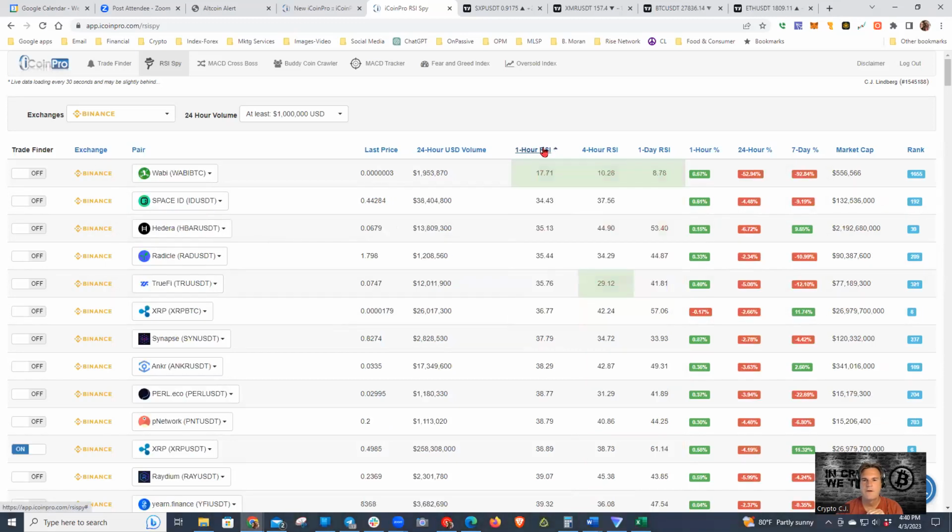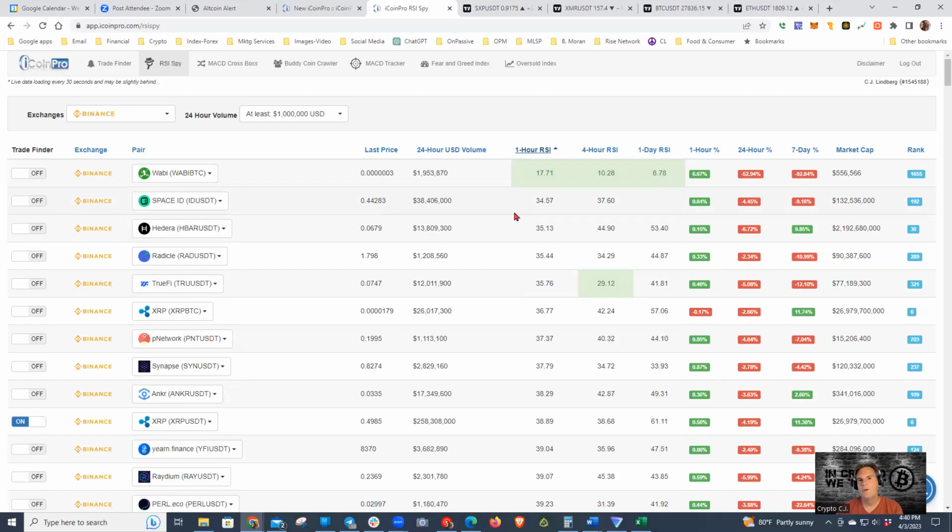Look for longs first on the RSI Spy. You see me go for the stochastic RSI, looking for the blue line to go below the 20 value and come back up. This is on the 15-minute chart, well, this will point it out on the 1-hour chart.